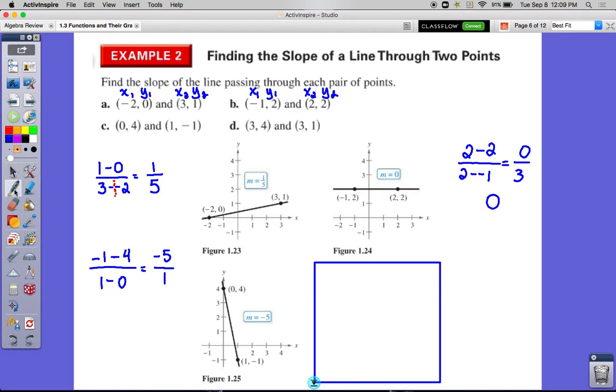Let's calculate the slope mathematically or algebraically first. y2, we bring that down, that's 1 minus y1 is 4 over x2 is 3, and then x1 is also 3. Well, that didn't change, so x does not change. 1 minus 4 is negative 3. 3 minus 3 is 0.